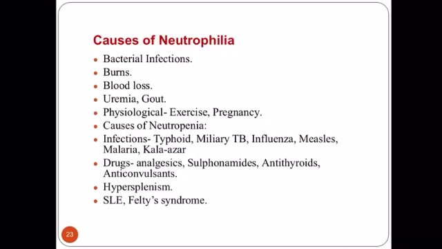So we have to count the cells from 100 and display it as a percentage, like neutrophil 75%, lymphocyte 20%, basophil 0%, eosinophil 2%, monocyte 4%, like that. So this is about the differential count.